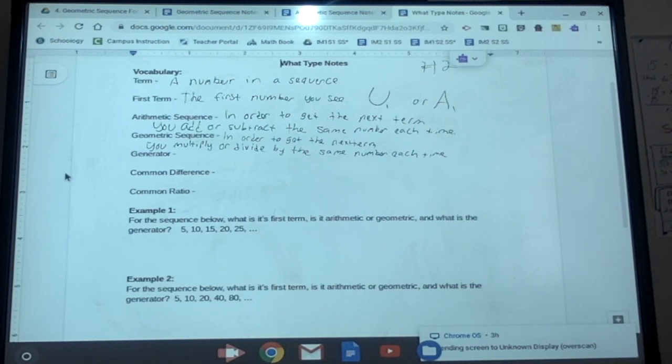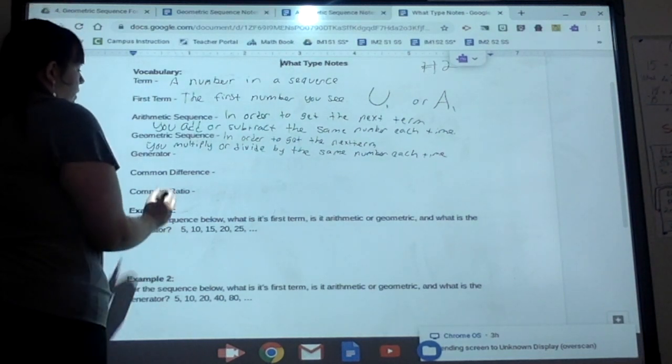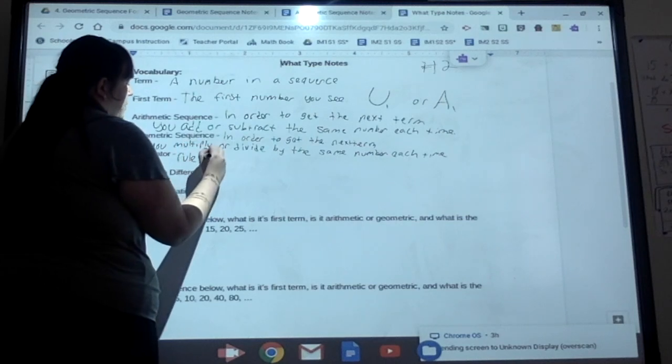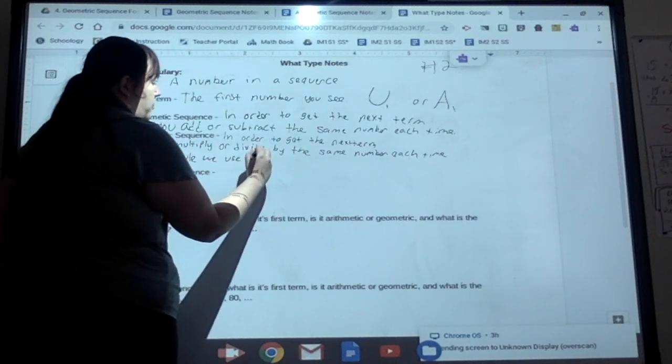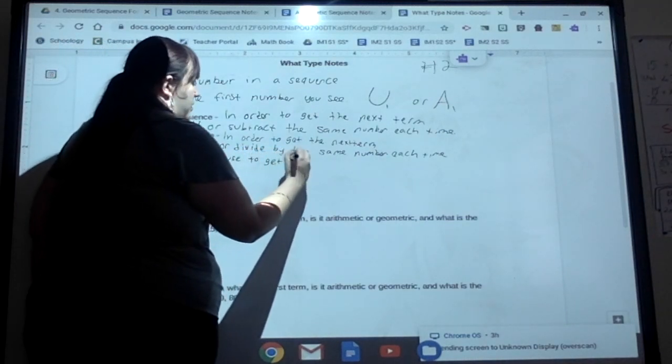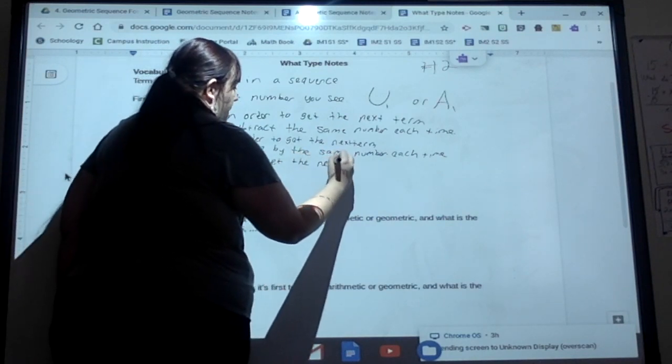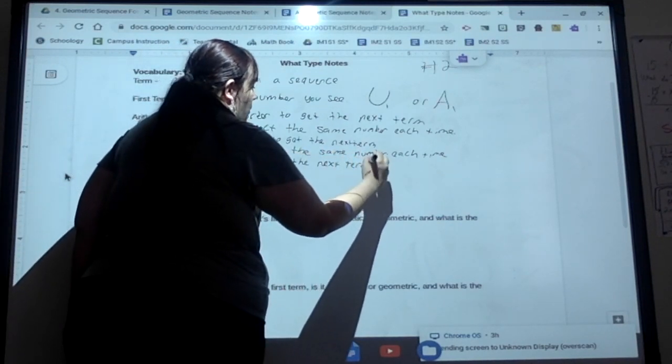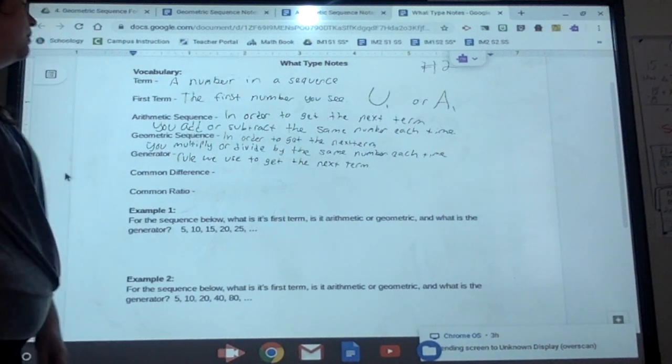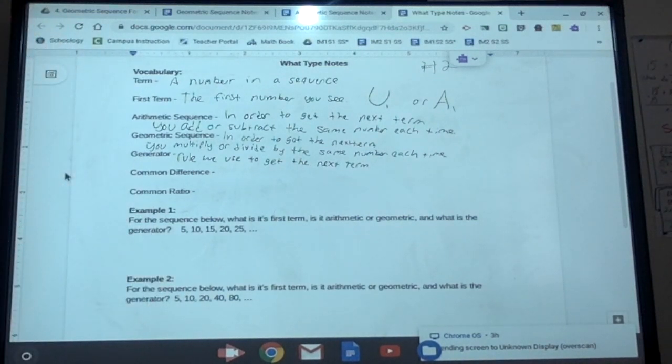One of the words we use is generator, and the generator is the rule we use to get the next term. Whether the rule is add 2 or multiply by 3, whatever that rule is, that's the generator.